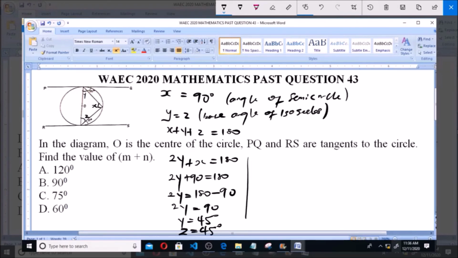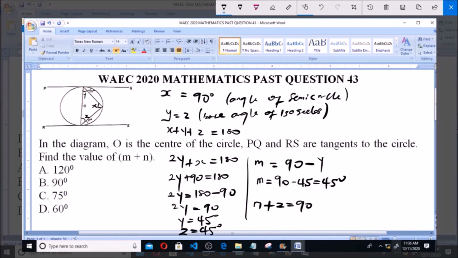Now angle M is equal to 90 minus Y. This is because Y and M form a right angle with this tangent, so M is equal to 90 minus 45, and that is equal to 45 degrees. Also N plus Z is equal to 90 degrees, same right angle with the tangent RS.